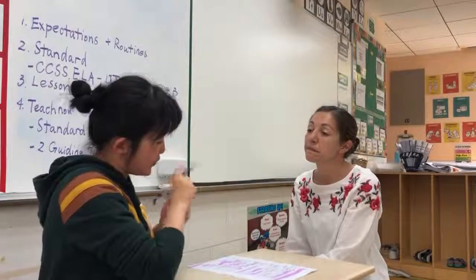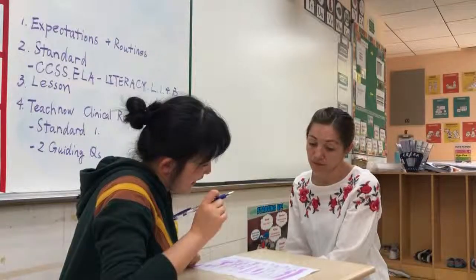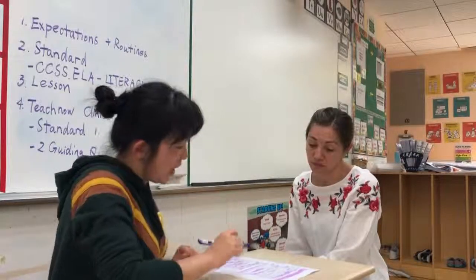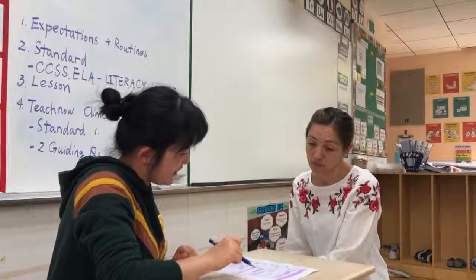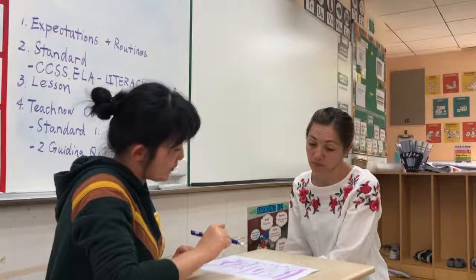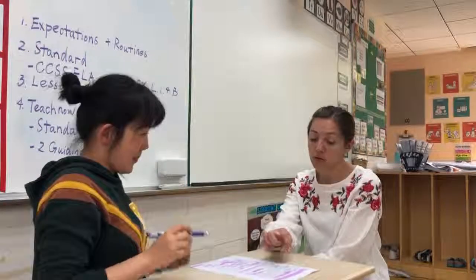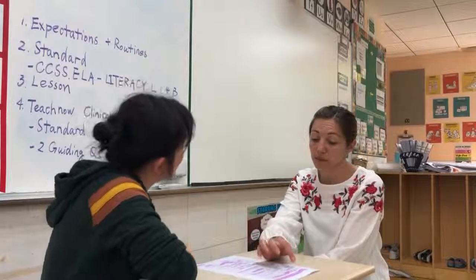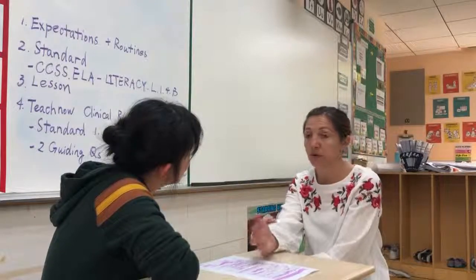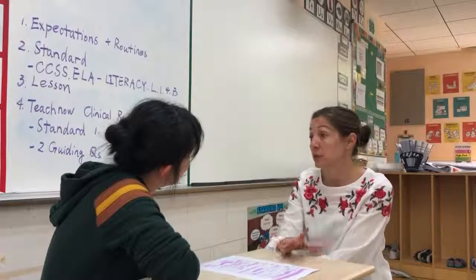So we have 2 guiding questions. The first one: do I use knowledge about students' growth and development to design and implement developmentally appropriate and challenging learning experiences? This guiding question can also go with yesterday, when you finish the booklet with the worksheets.